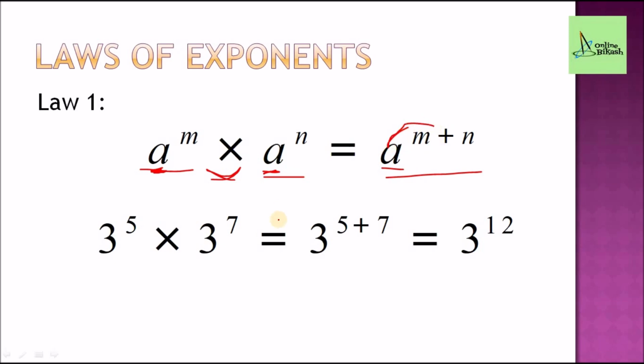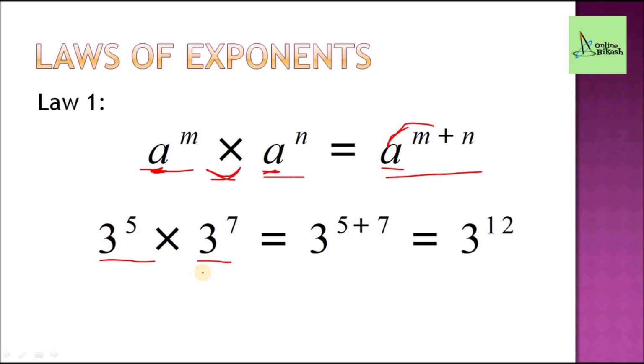Let us see this with an example. Suppose you have 3 to the power 5 and you have 3 to the power 7. In an ideal way, what will you do? You will write 3 five times, and after that you will write 3 to the power 7, that is, seven 3's. Yes or no? So in total you have twelve 3's now.